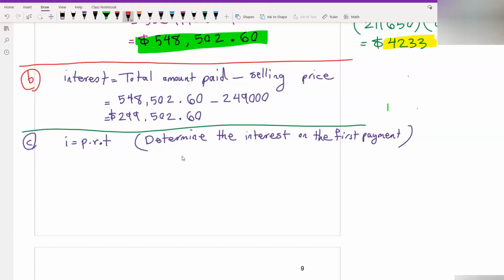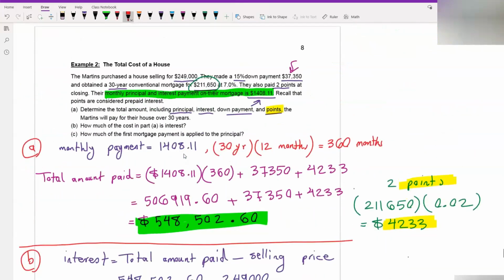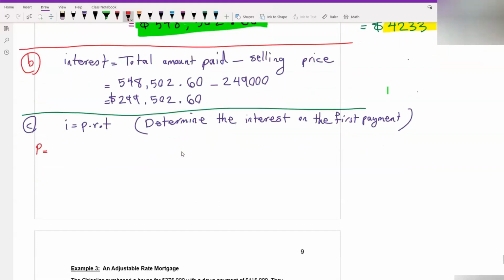First, I'm going to write what is given. Our principal is 211,650. Rate is 7%.